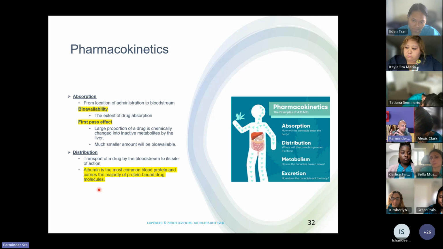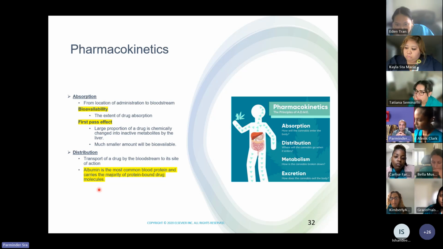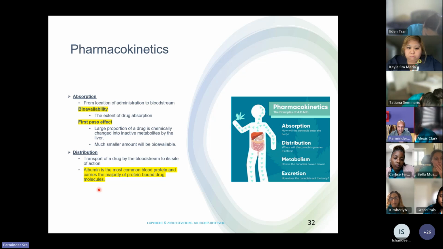Now, what is the significance of that? You may hear about drugs which are highly protein bound, and on the other hand, drugs which are less protein bound. How does it affect? If the drug is more protein bound, and the protein involved is usually albumin in the blood, it's going to make a strong bond with the drug.